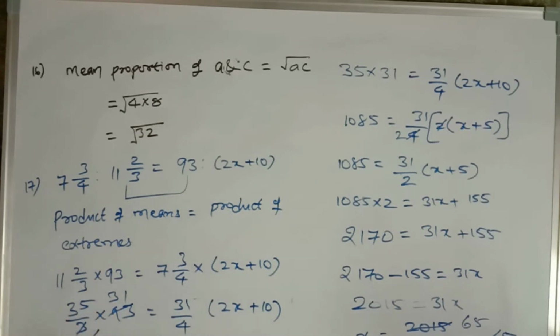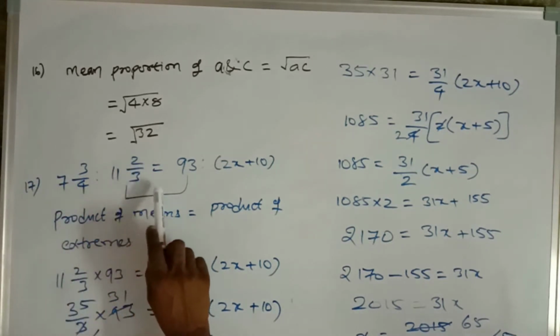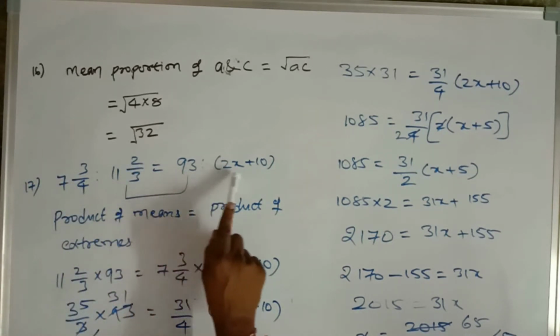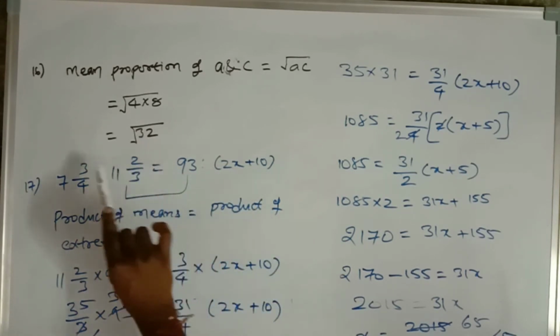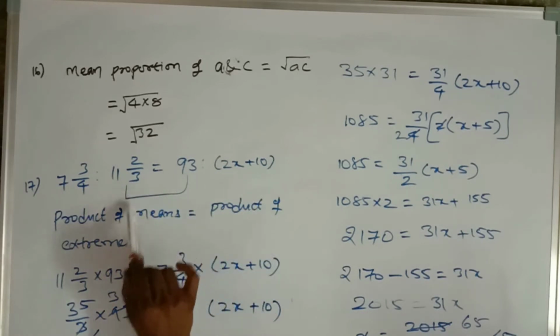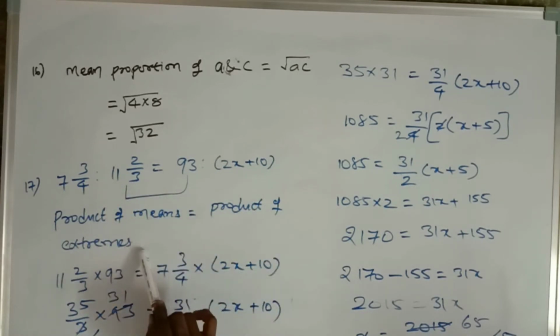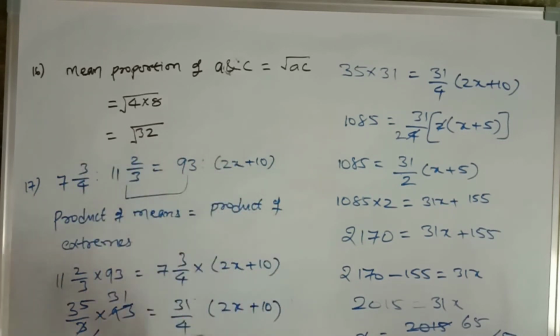They asked us to find the value of x. See here. 7 3 by 4 is to 11 2 by 3 is equal to 93 is to 2x plus 10. So here this is an equal symbol. That means these two ratios are equal to these two ratios. Here I am going to use the formula, that is product of means is equal to product of extremes. That means these are called means and these are called extremes. Okay. 11 2 by 3 into 93 is equal to 7 3 by 4 into 2x plus 10.